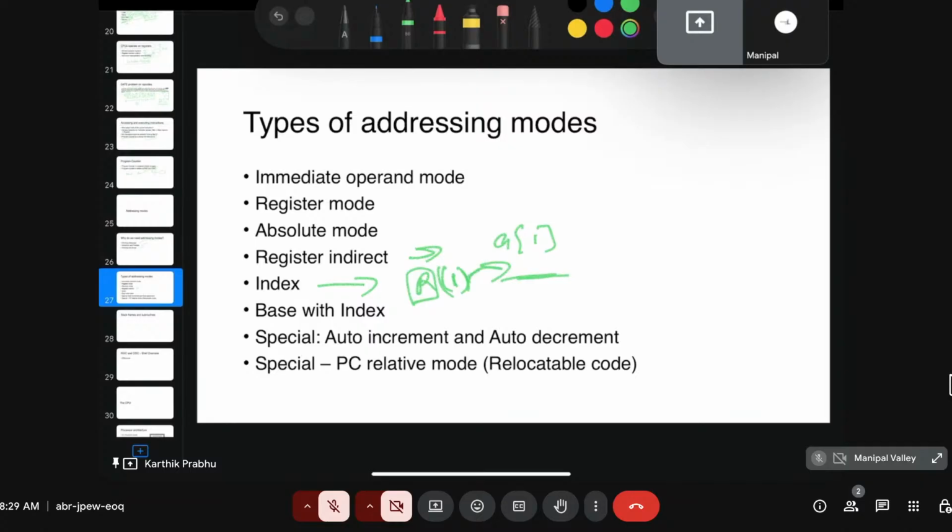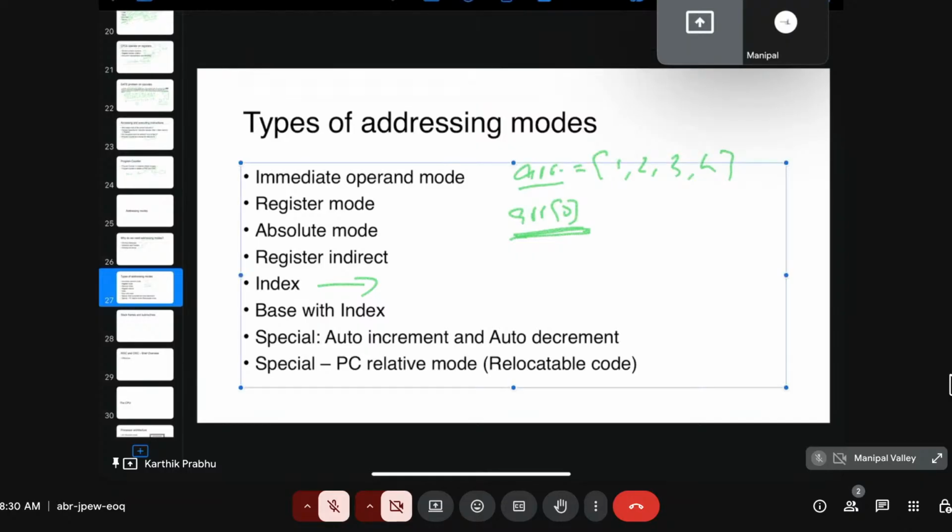So how does it know what that number is? Say, for example, I have an array of integers equal to 1, 2, 3. If I want to access R0, this memory address we know. I told you that the address of an array is the address of its first element.